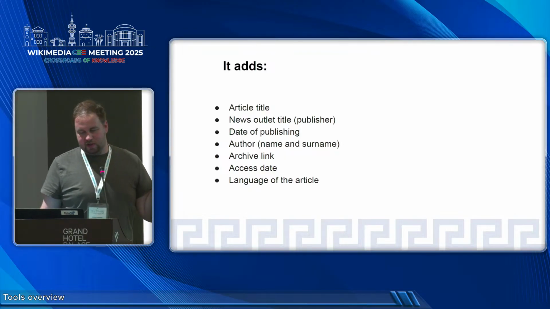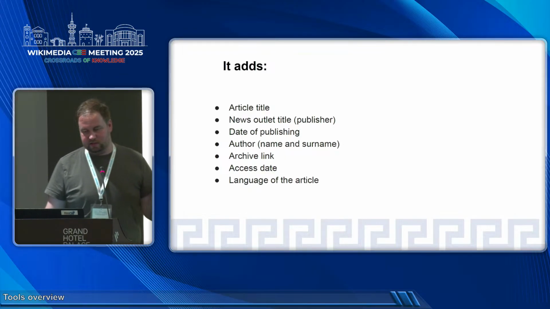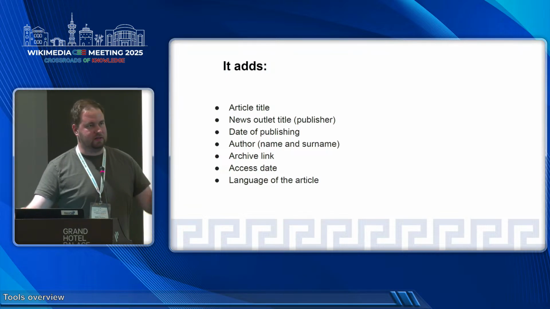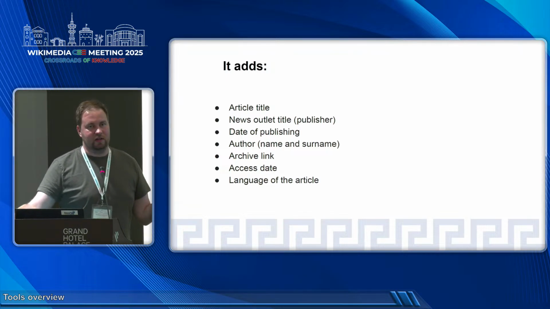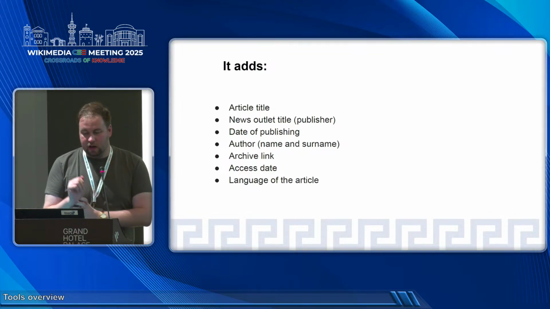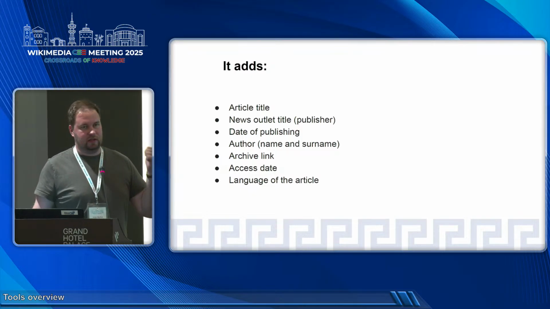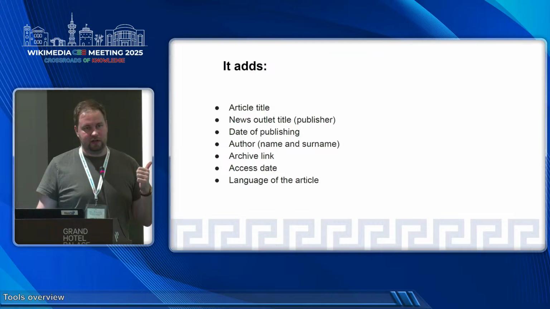Who is the publisher of this news article? It deduces it from the URL name. When was it published? The date. First and last name of the author, if it's specified on this page in the article.